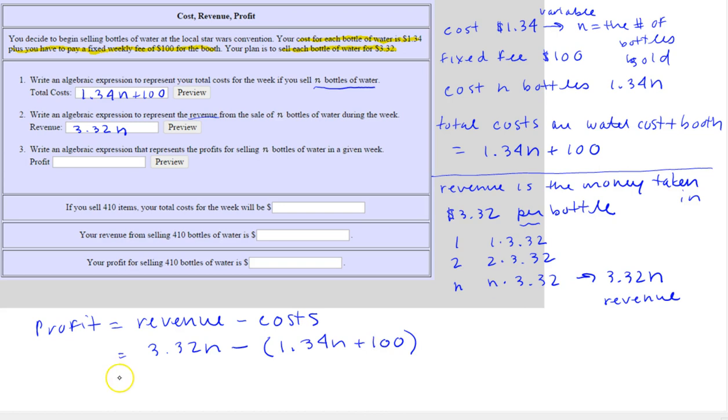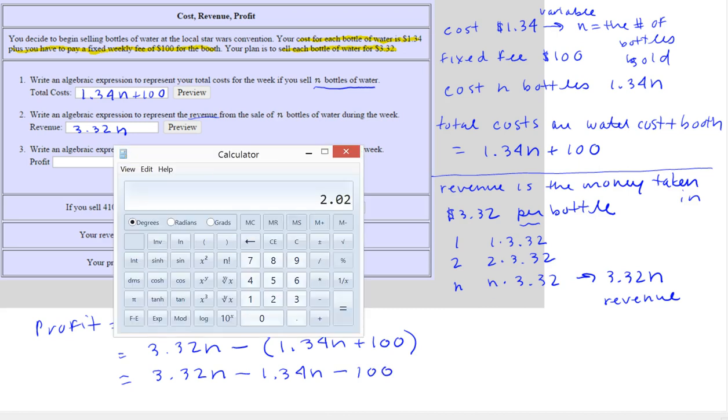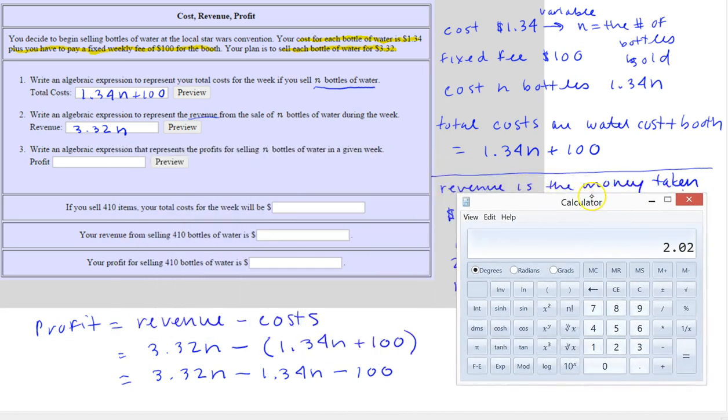So now we'll distribute just so we can simplify this expression. So minus 1.34N minus 100. Now we'll use the calculator. Since these are like terms, we can subtract the coefficients.